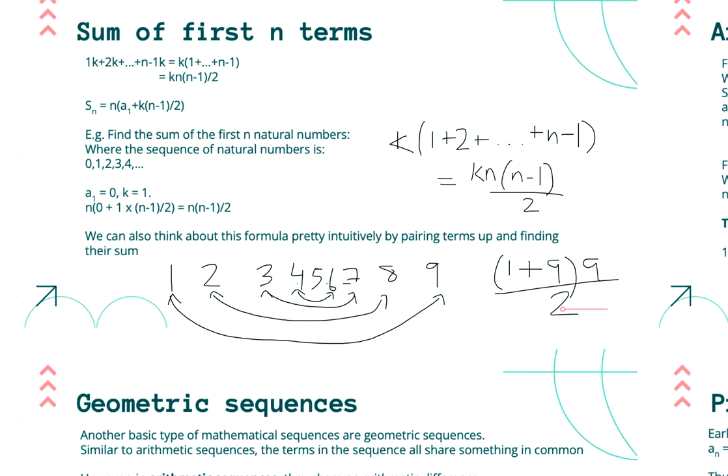So essentially what we've done here is we're looking at the number of terms n divided by 2 to give the number of pairs, and then multiplying this by the sum of each pair, which would be n plus 1 in this case, right? Okay, so hopefully that makes sense, but let me know if anyone has any questions.